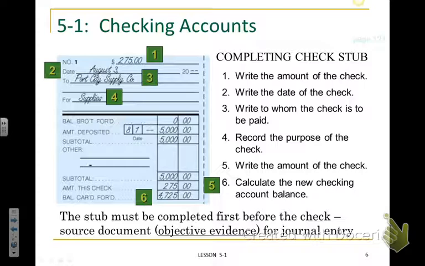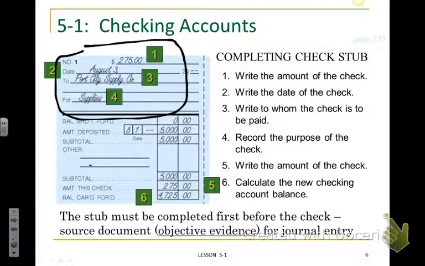What we notice on our check stub are a couple of things. We've got our information up here in this top portion, including our amount, our date, who we're paying, what it's for. And what we need to do is bring that information down below into the bottom half where we're calculating what the balances are in our checkbook.